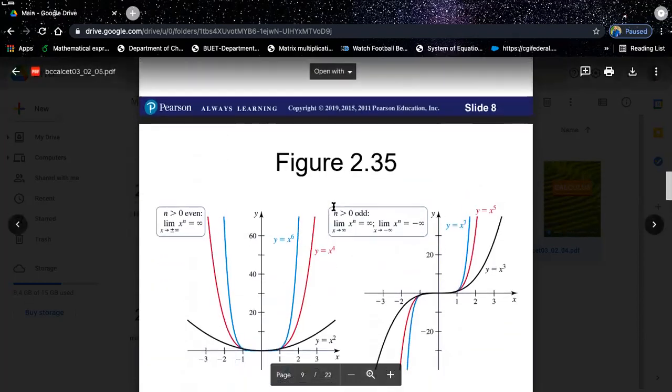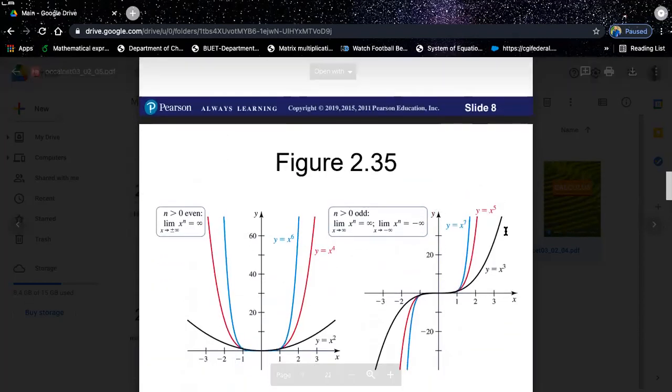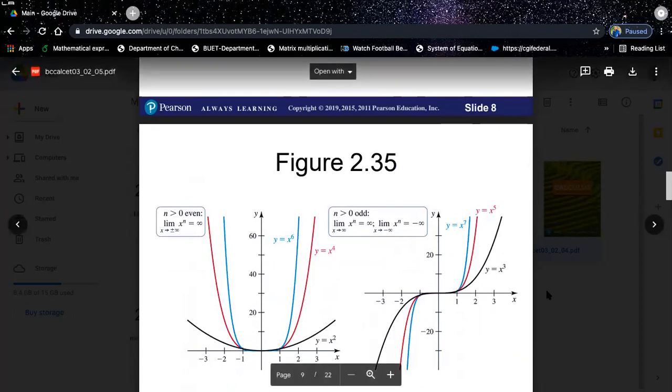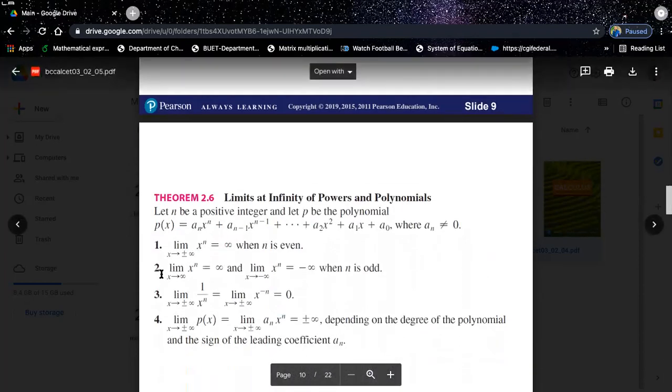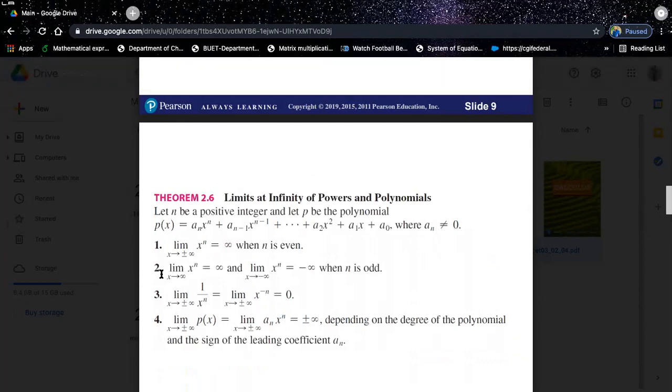And with this graph, we can see for the odd exponent, if x moves towards positive infinity, the function will move towards positive infinity, and vice versa. If x moves towards negative infinity, the function will move towards negative infinity. That's what the second part of the theorem says.